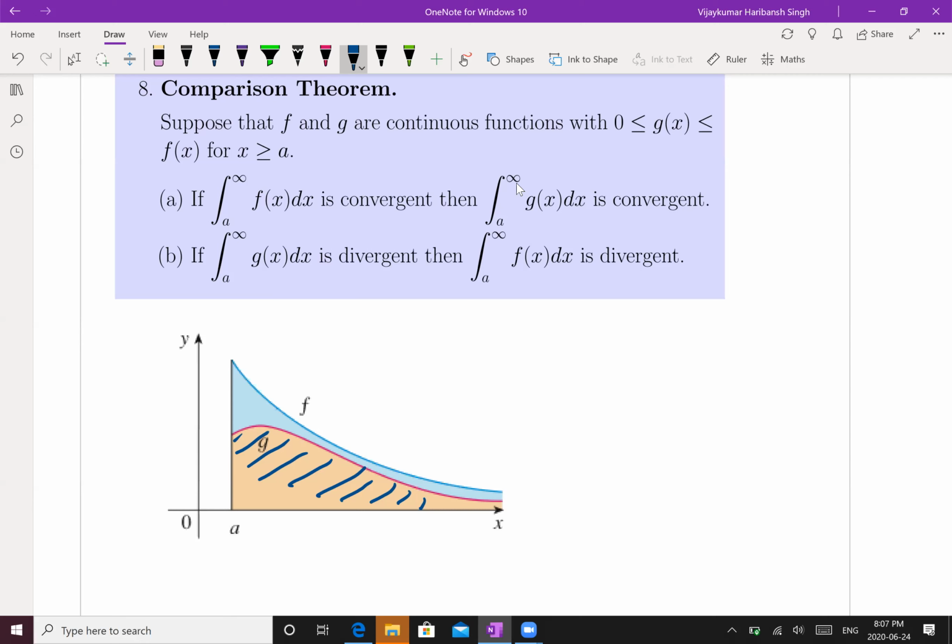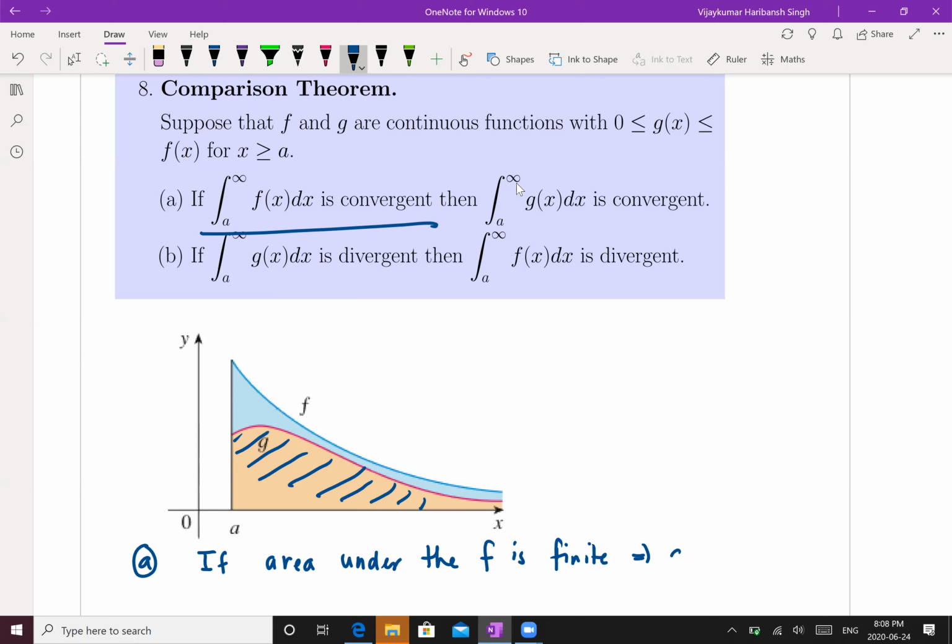Now, if the integral of f of x dx is convergent, what does it mean? It means that the area under f is finite.